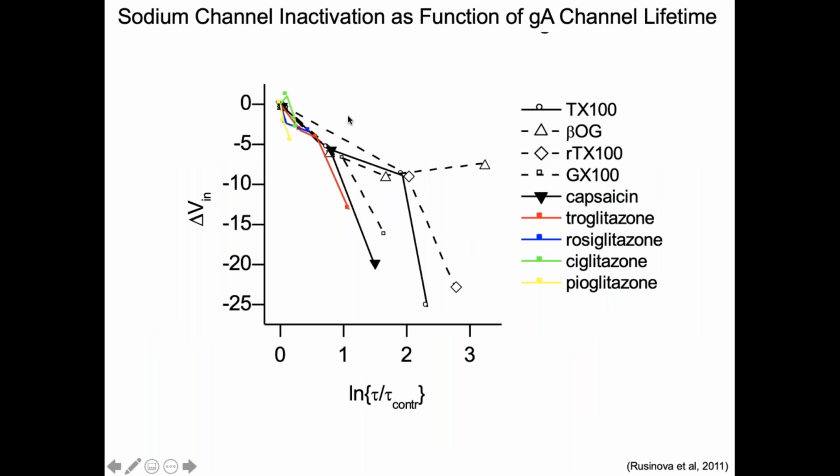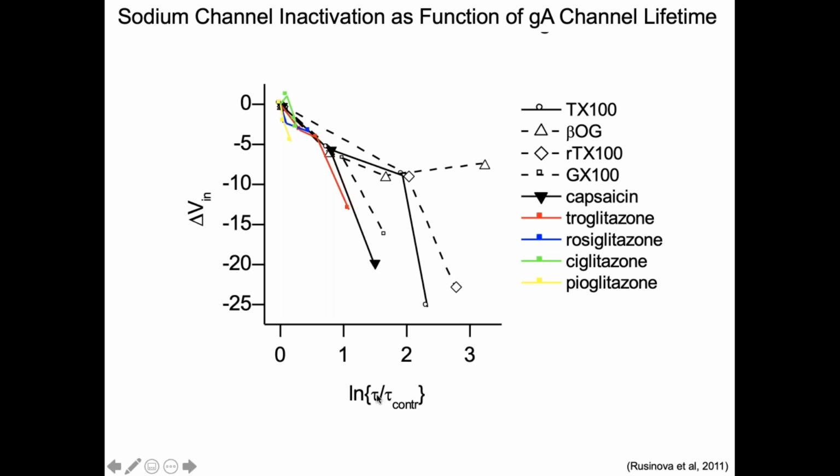And this is a study from Radda Rusinova's work, where she looked, again, at some of these detergents that had been studied earlier by Jens Lundbaek, but she studied a number of drugs that have been used to treat type 2 diabetes. What we find is that if we plot the changes in the midpoint of the inactivation curve versus the aqueous concentration, we span 3 to 4 orders of magnitude in aqueous concentrations.